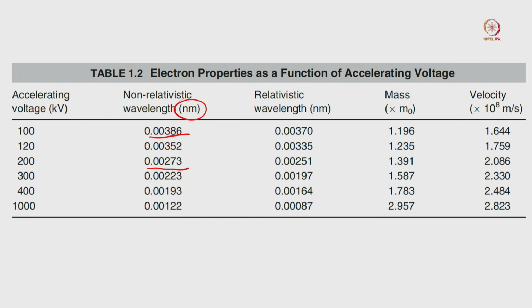So you can see there is a change because of this relativistic effect. Here you can see this converted to 3.7 picometer, or this one will be 2.51 picometer, what was previously 2.74. And now here you can see for the 300 kV there is a drastic change. Previously it was 2.24 picometer, now it is coming 1.97 picometer.